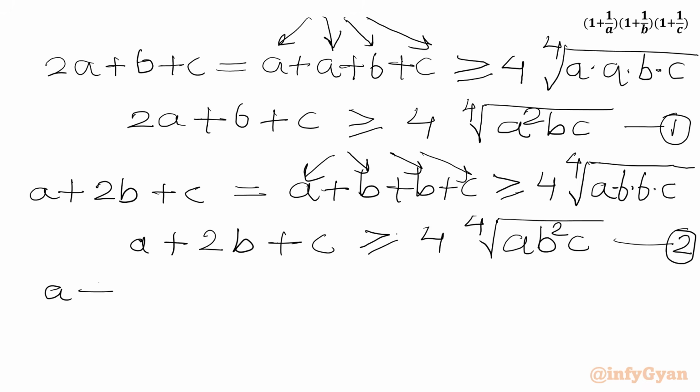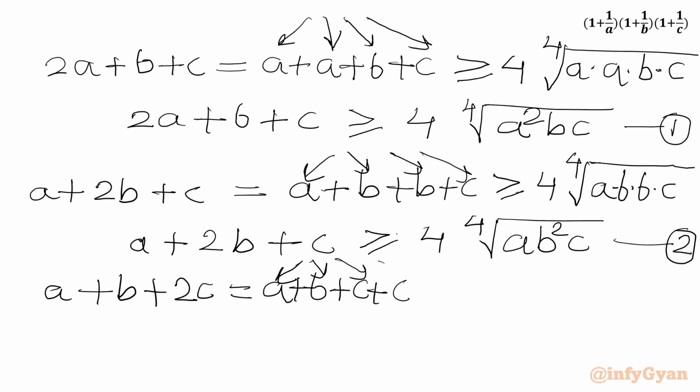And let us write our third expression. A plus B plus 2C can be written as A plus B plus C plus C. We have 4 real positive numbers. We'll apply the AM greater than or equal to GM inequality. So 4 times 4th root of A times B times C times C. C times C is C square.